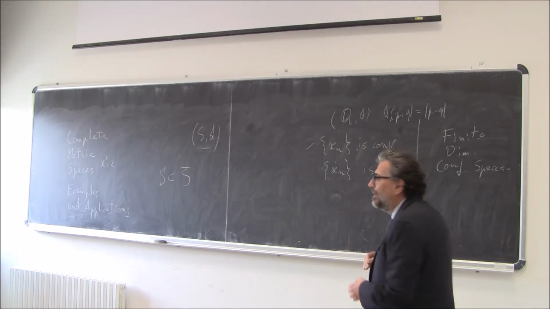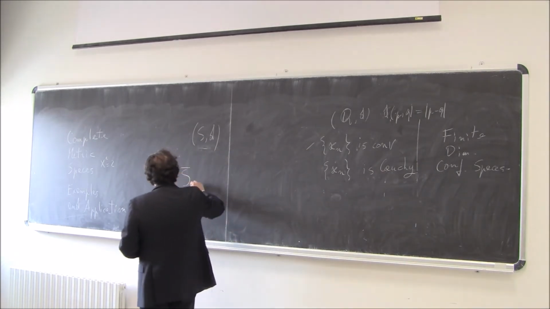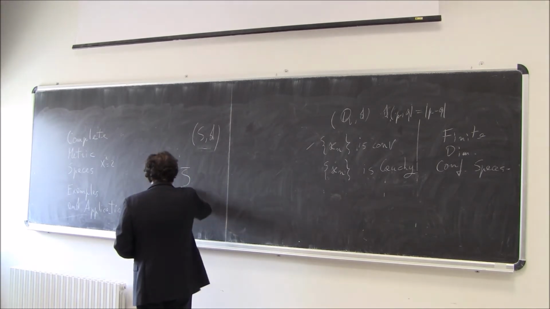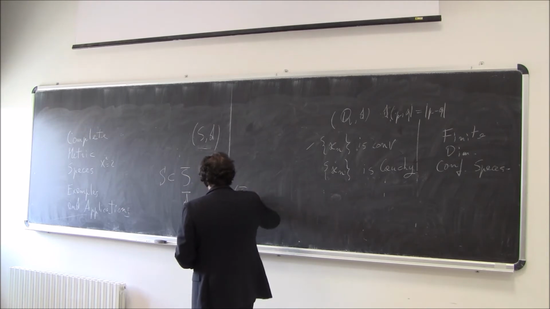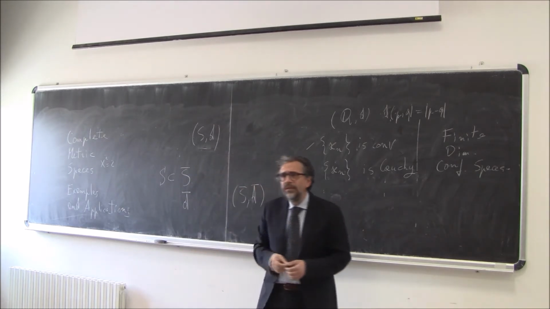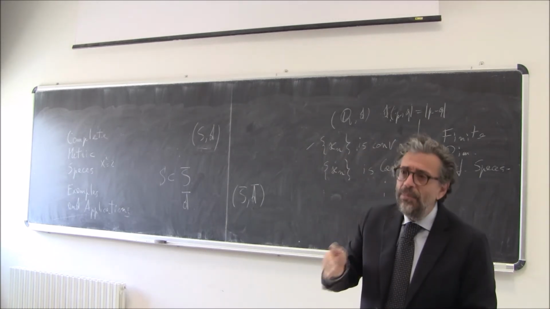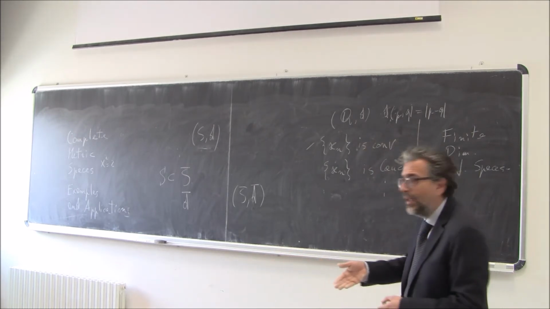Okay. Then we must build a metric in S bar. Let's call it D bar. So that we have S bar, D bar is another metric space. S bar, D bar must be complete. Okay.